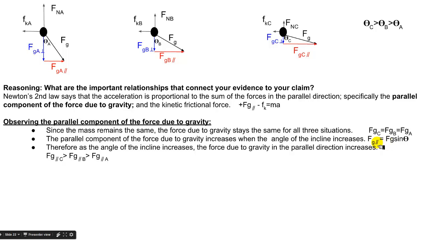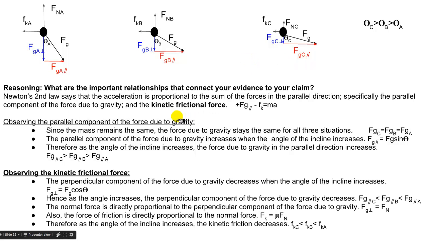If you take this equation here, if we increase that angle, the sine of that angle causes the parallel component to increase from A to B to C. So we could say, as the angle of the incline increases, the force due to gravity in the parallel direction increases. These are three steps to say that FGA is less than FGB, which is less than FGC. So FGC has the highest parallel component of the force due to gravity.